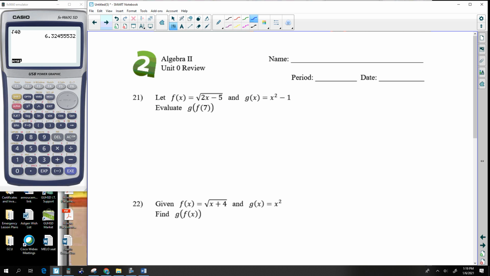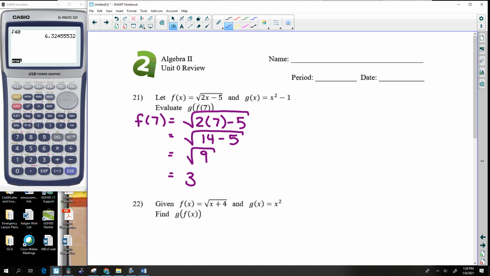Here we go. On the inside is the f of 7. So f, which is the square root of 2x minus 5. 2 times 7, 14. Minus 5 is 9. Square root of 9 is 3. And then ultimately, this question is, what is g of f of 7?